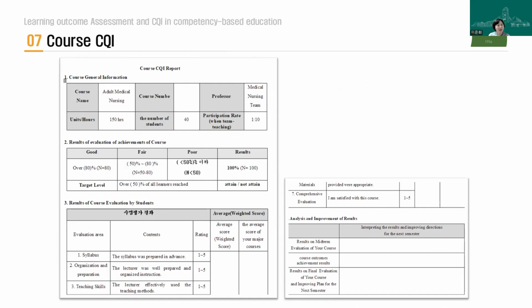Why does this comprehensive CQI matter? It closes the complete feedback loop at the course level. Assessment data drives concrete improvement. Students benefit from evidence-based course enhancement. Faculty document their continuous improvement efforts.